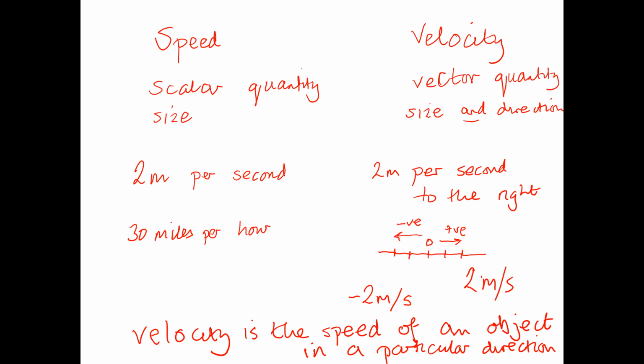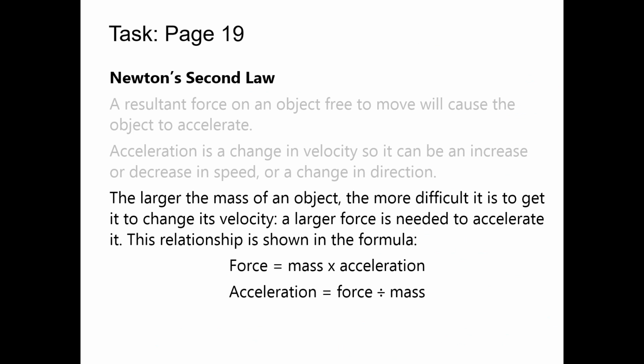Okay, so velocity is the speed of an object. We can interchange it with speed for now, but this will become more and more important as we move through the module.